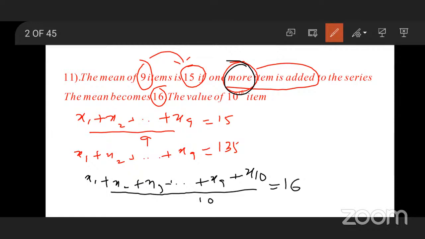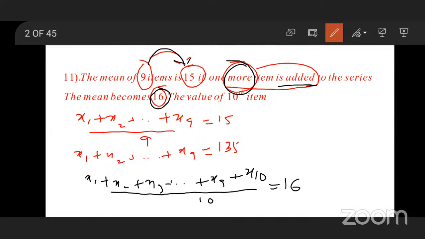Clear observation here: 9 items have mean 15. Now one more is added, so 9 plus 1 is 10 items, and the mean becomes 16. Therefore X1 plus X2 plus X3 up to X9 is equal to 135.